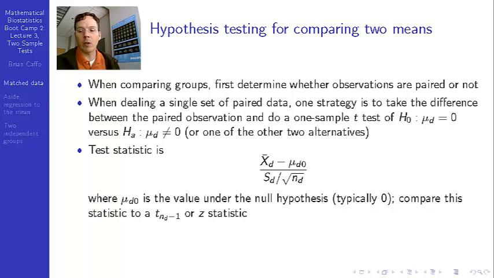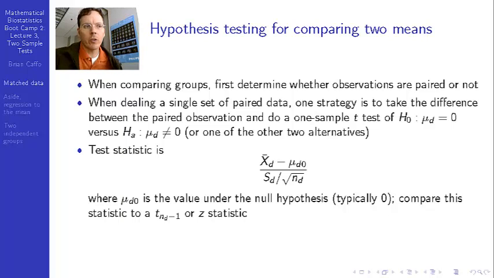So the discussion for this slide is simply to distinguish between the two main types of two-group comparisons. One is instances where observations are paired, either by matching or something else.